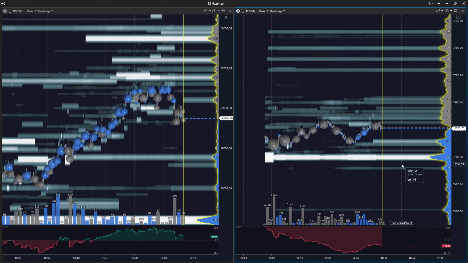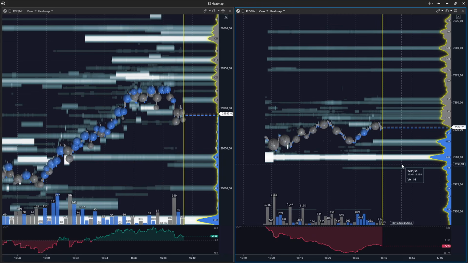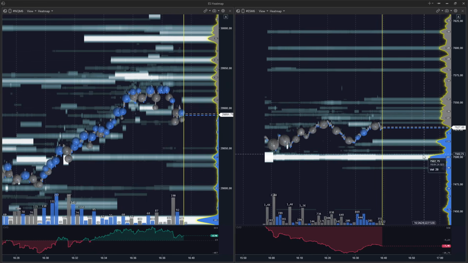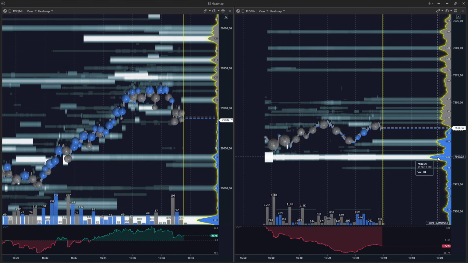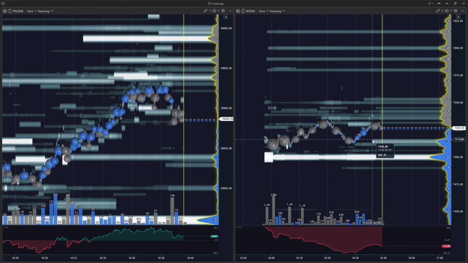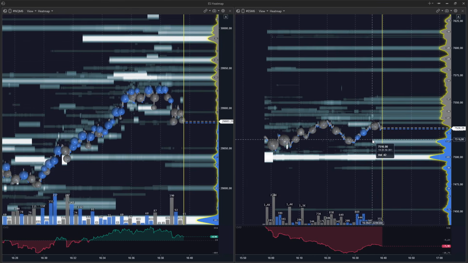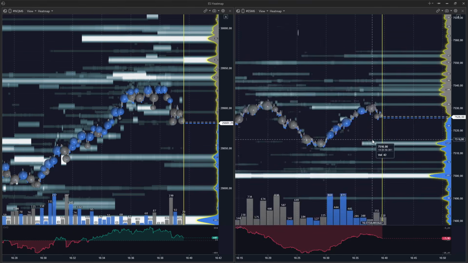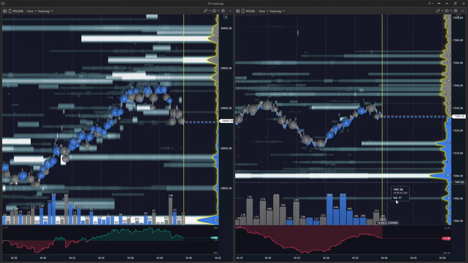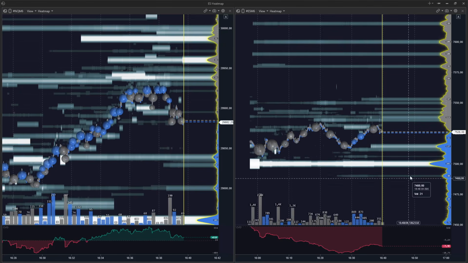Algorithms are programmed onto these magic numbers, so it's a highly rejecting area where the market can either reject or just jump through.